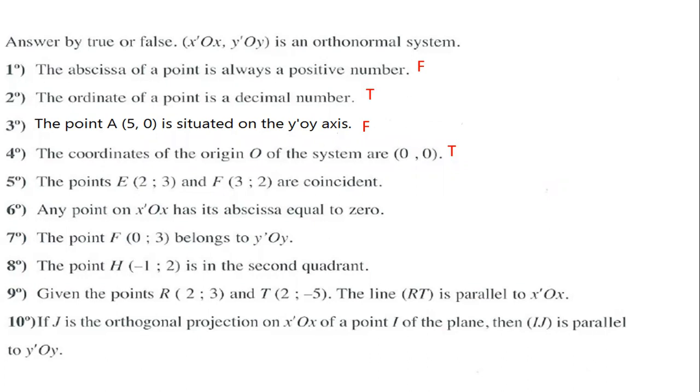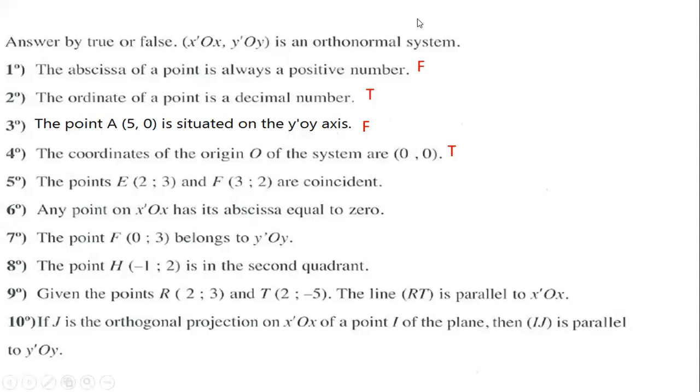No. To be on the same point, we should have the same abscissa and the same ordinate. Are the abscissas the same? No. Are the ordinates the same? No. So they are not coincident. Coincident means, as Sari said, they are on the same point.